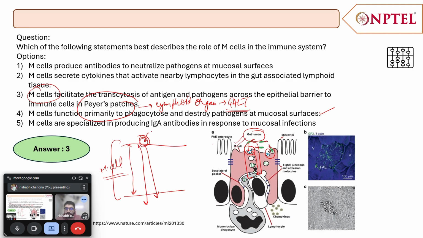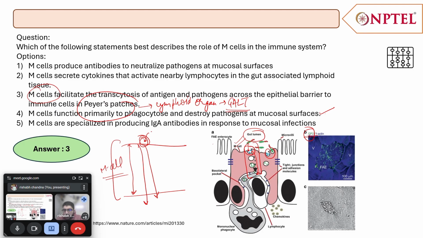Okay, so there is a specific receptor called GP2. This GP2 is present in the M cells only. In one of the publications, it is shown that GP2 was marked green.